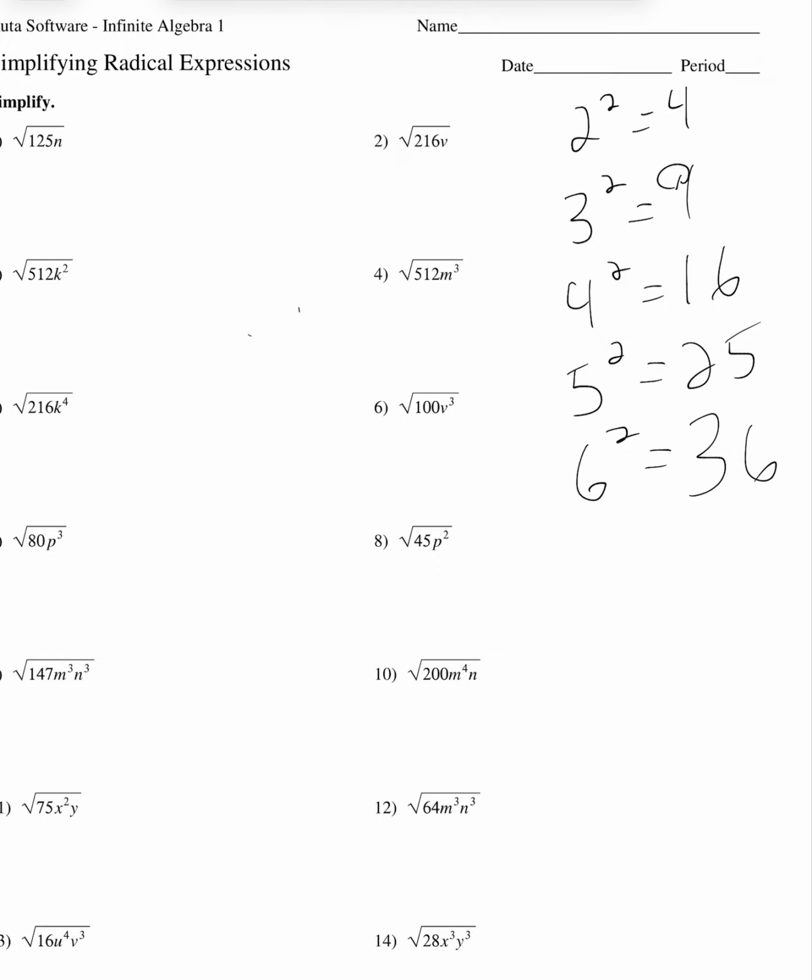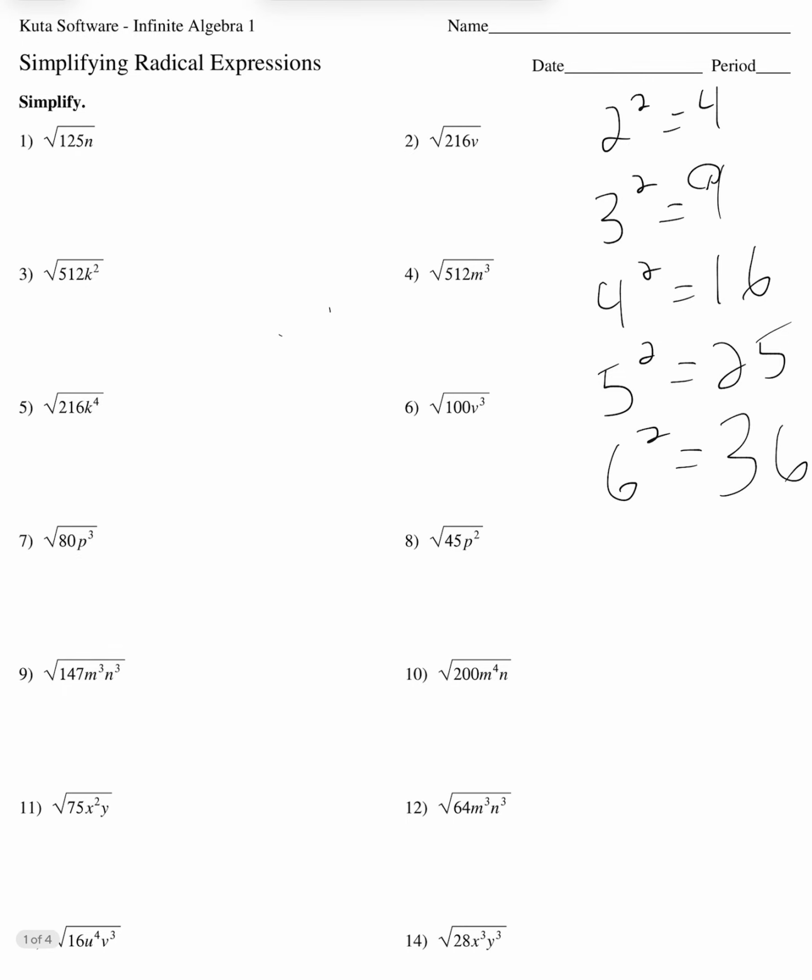So when we address a problem like number 1, and we think of it with the example that we did, breaking down 36 into our 4 and 9, we now have 125, and we need to ask ourselves, looking over at our menu here, what perfect squares can go into 125?